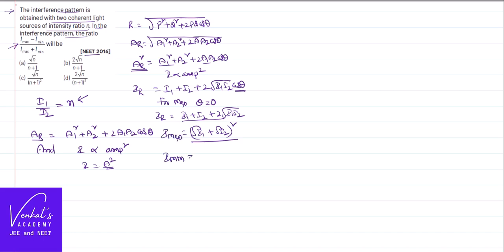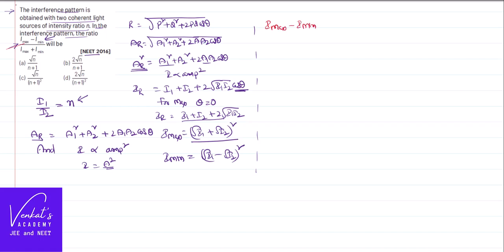For I minimum, theta becomes 180, giving root I1 minus root I2 whole square. So that's where he is asking what is I maximum minus I minimum. I can continue my derivation from here and write this value.